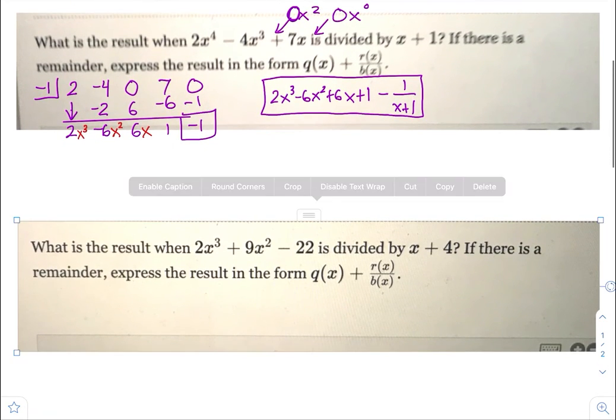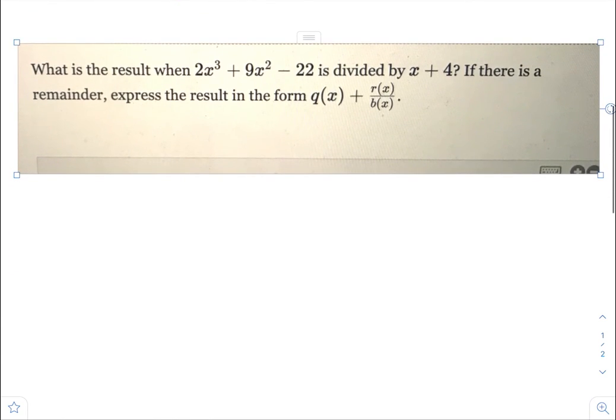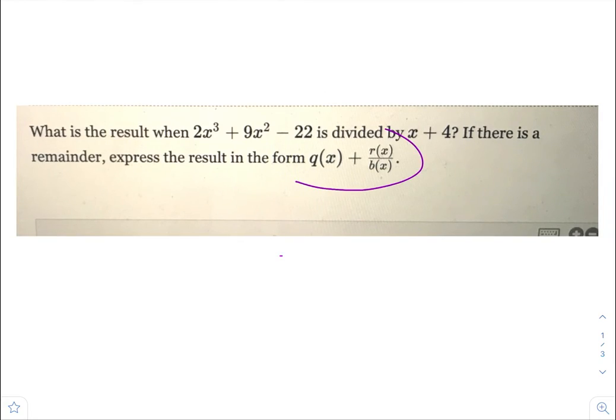Okay, this next one. So we have that polynomial divided by x plus 4. Now if we get a remainder, it has to be of this form right here. So opposite of that one's negative 4. So 2, right? Write down the coefficients. We are missing x, right?